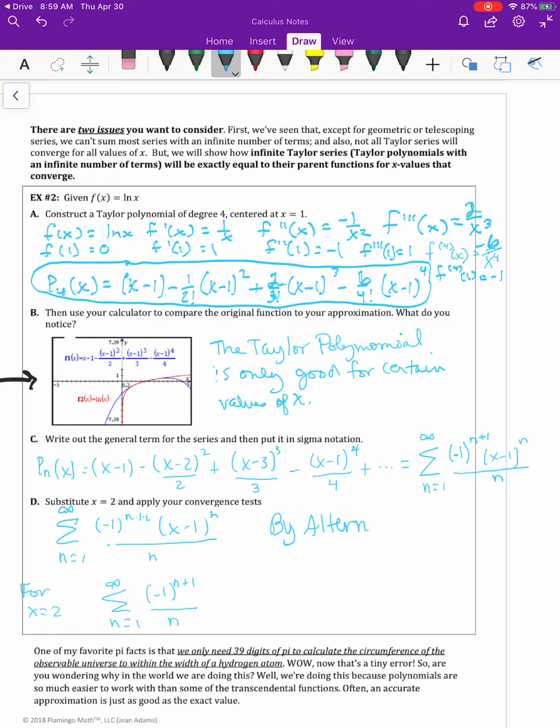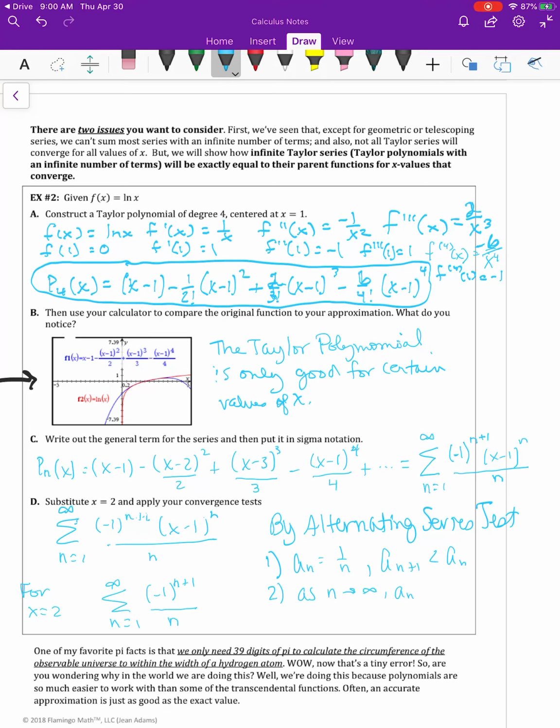And we're going to apply our convergence test. So by the alternating series test, number 1, our a sub n is 1 over n, and our a sub n plus 1 is less than a sub n.